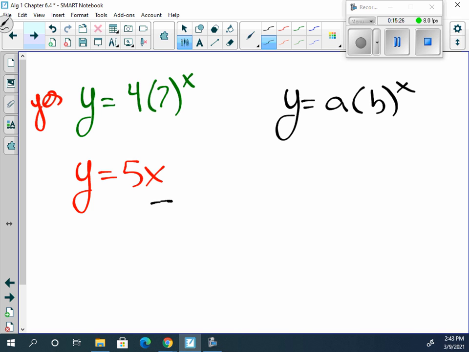So where is the variable x for exponential? It's up in the exponent, yes? Is x in the exponent? No. So is this exponential? No. This is actually going to be linear, because when we have 5x, we don't have x to a power. It is a linear function.